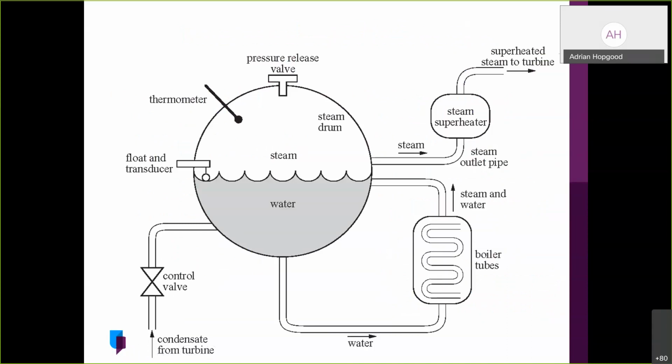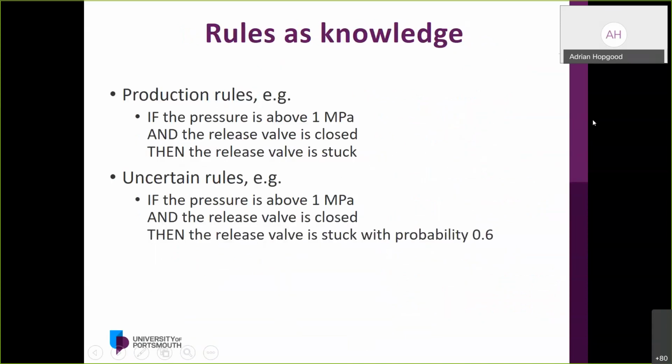So here's a brief example of an industrial boiler system, which has various things going on, and different observations that you can make. This is described in a bit more detail in my book. But you might have some simple rules in your knowledge base. So-called production rules have the simple form of: if a condition or set of conditions, then a conclusion.